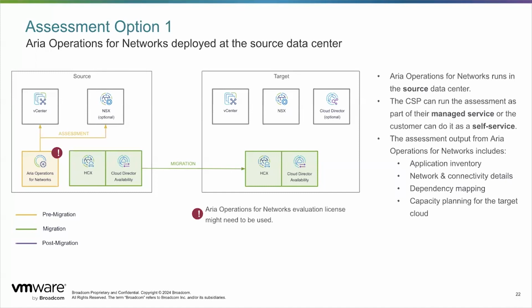This has one important note to be made, and it is that ARIA Operations for Networks can only be used in the source data center with an evaluation license, which is 60 days at the moment. So it cannot be licensed, and you're limited to 60 days to perform the full assessment. But after it is done, the information can be used and the migration can be completed.